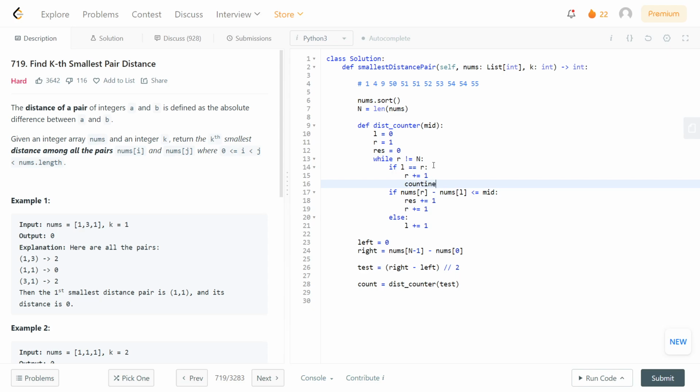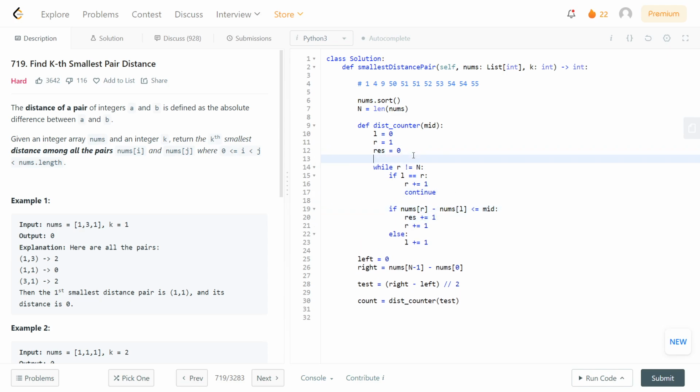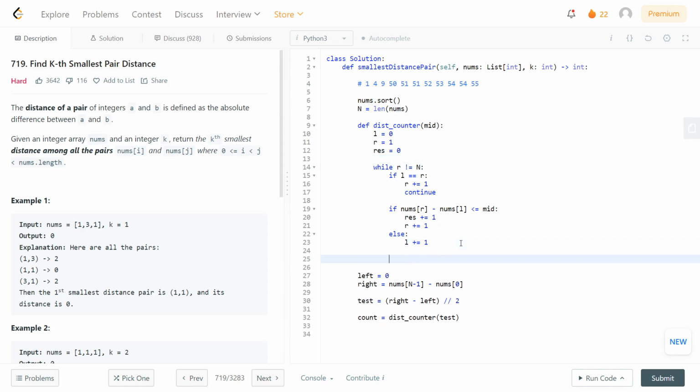And we're going to continue to check if right is not equal to n. Okay, I think this should be good. And in the end, we return result.